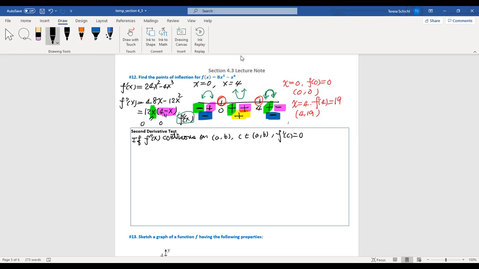All right, so remember the first derivative test tries to test the local max and local min. We need to see the first derivative increasing, decreasing, or decreasing, increasing here.